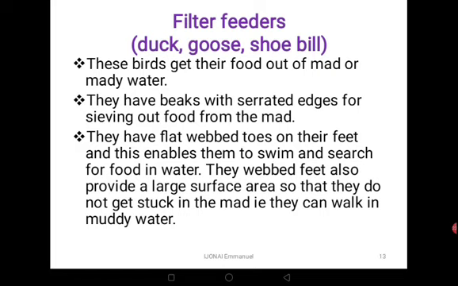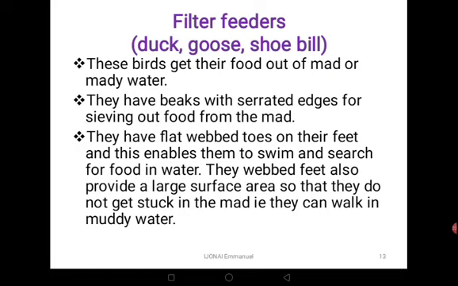They have beaks with serrated edges for sieving out food from the mud. Their beaks have curves. They have some serration on the edges, so that when the water enters into the mouth, the solid particles cannot escape from that beak because of that serrated nature.